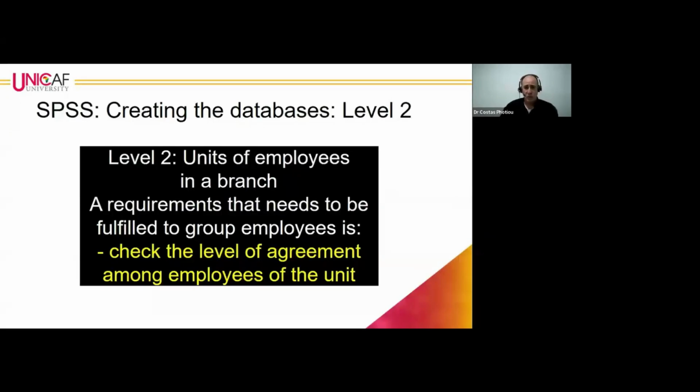On the level 2, we're looking at units of employees in a branch, and a requirement that needs to be fulfilled to group employees is to check the level of agreement among employees of the unit.